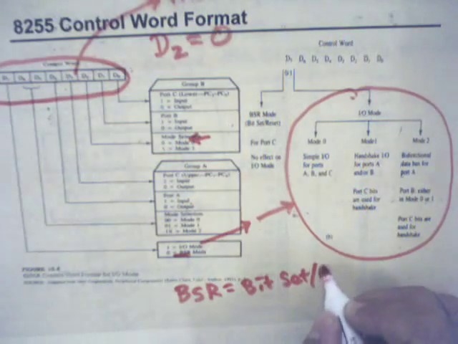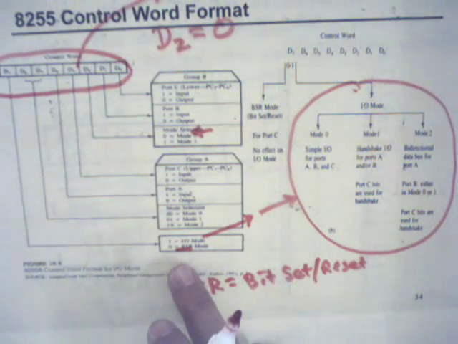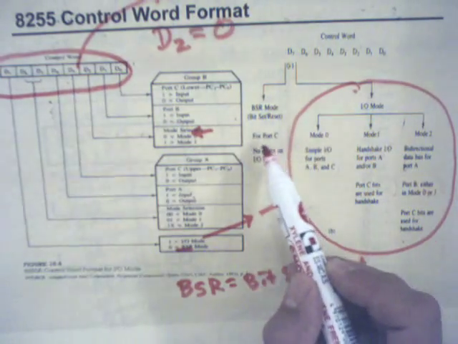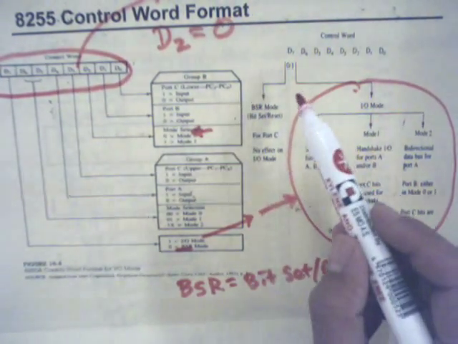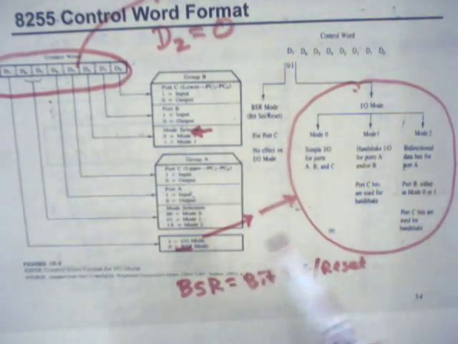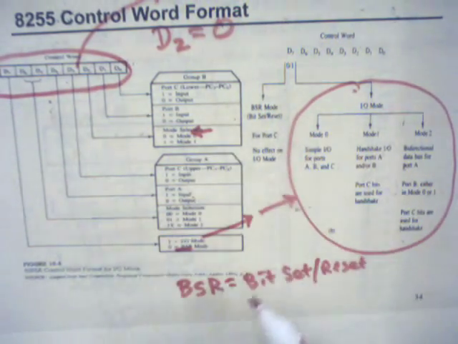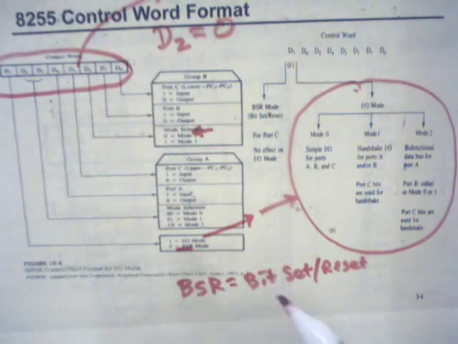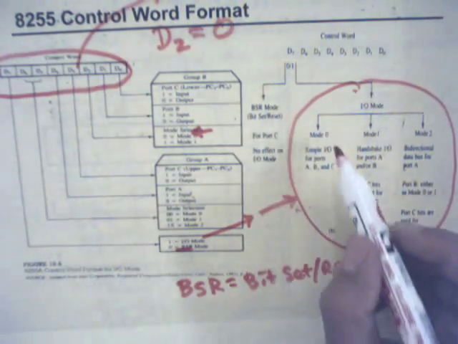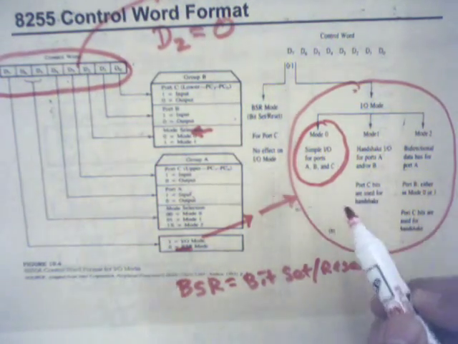In short, in the bit set reset mode, you can control the value of each bit at port C, to set or reset, to give 0 or 1 to the bits. In this film we are interested in input output mode, so this BSR mode is not explained in detail, rather input output mode is detailed. So mode 0, simple I/O for ports A, B, C, is the main topic of this tutoring film.